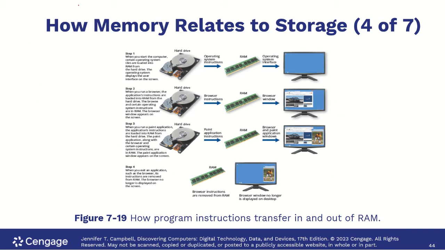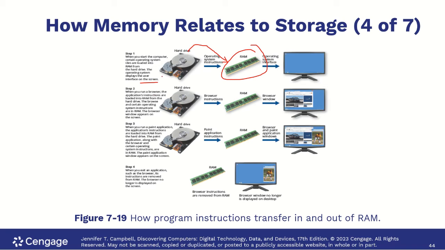So in this picture, you can see the correspondence of the memory to the storage. When you start the computer, certain operating system files are loaded into RAM from the hard drive. The operating system displays the user interface on the screen.